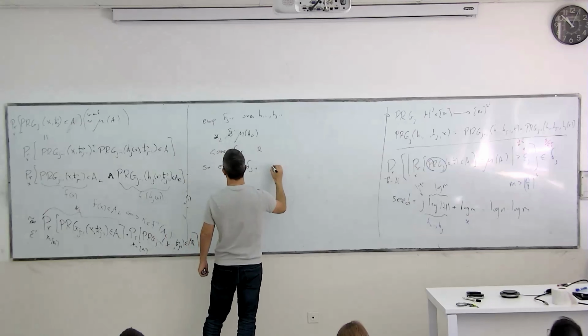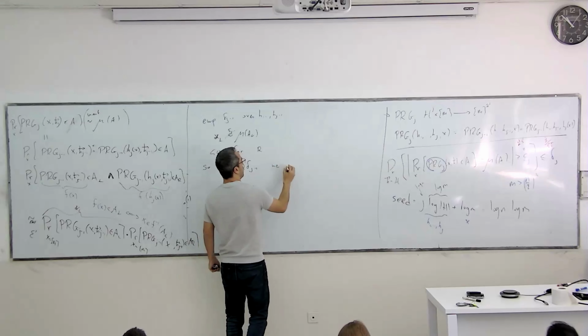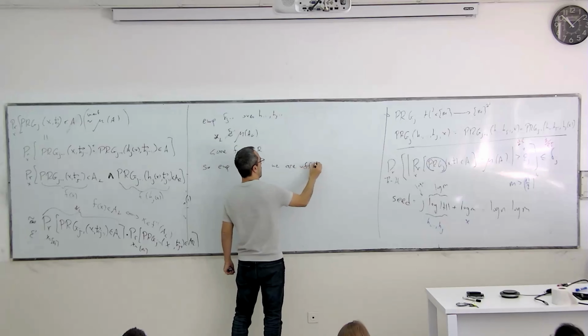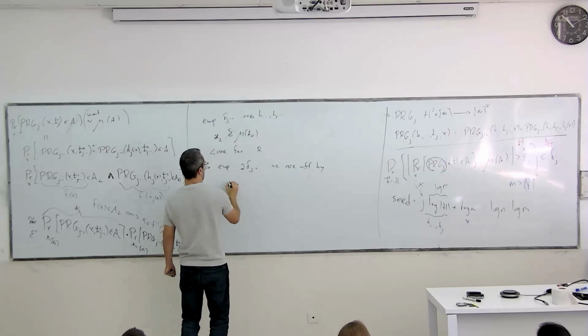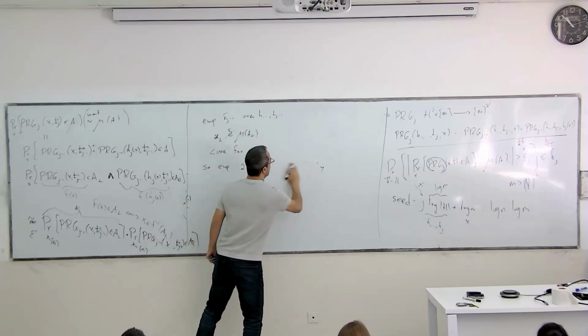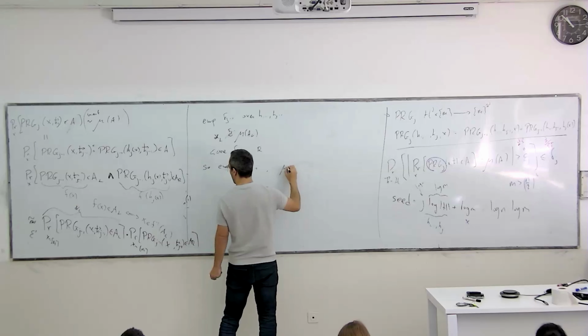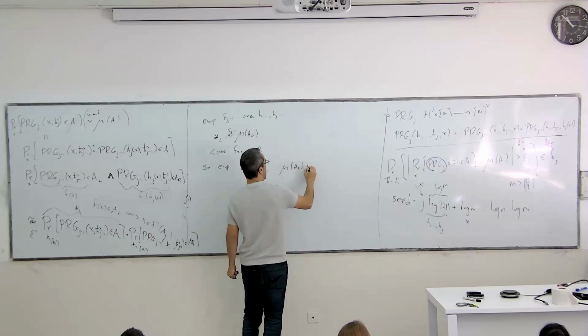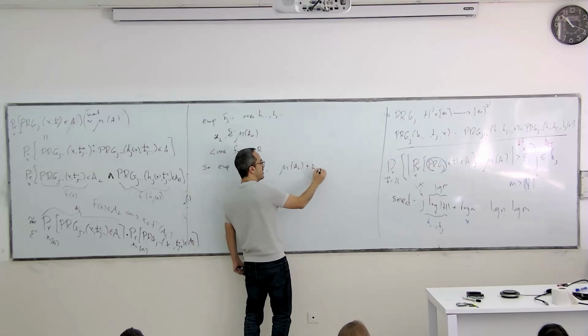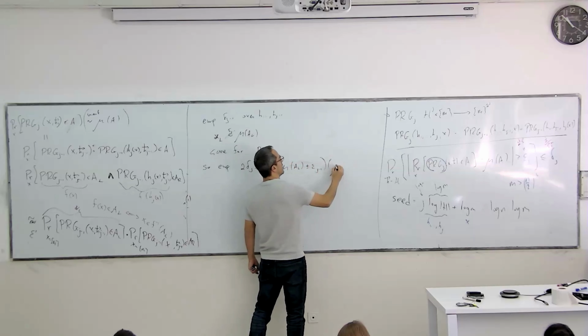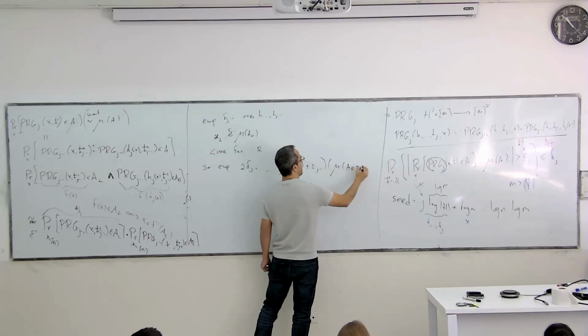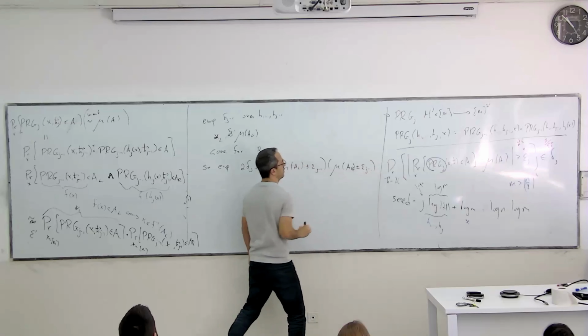So what I'm saying is mu A left plus minus, meaning I'm in this range, times mu of A right plus minus epsilon J minus 1.